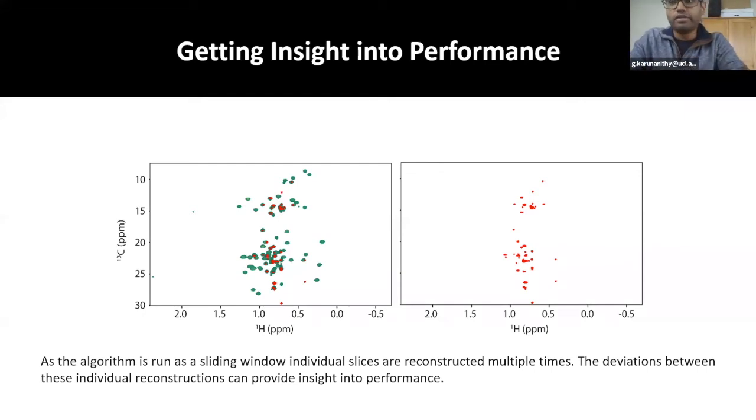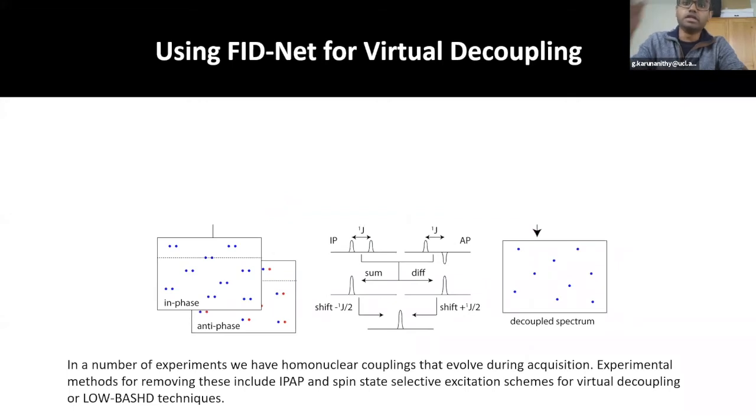So the first thing we thought about was virtual decoupling. This is important especially in 13C detect experiments, which we're doing a lot of in the lab now. Often you have a homonuclear coupling that evolves during acquisition, and sometimes you can get rid of that experimentally using a technique like low BAST, where you pulse during detection, but that's not always feasible.